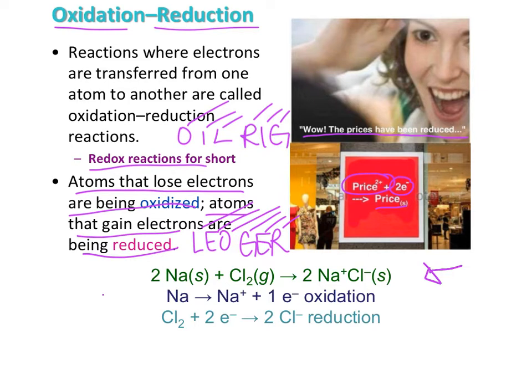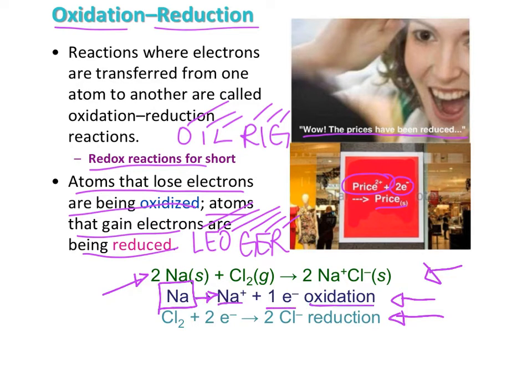So here we have a full redox reaction, and then these are something called half reactions. These half reactions show you what's actually going on. For oxidation, you start off with your element, and the arrow symbolizes that the reaction occurred, and then at the end you have the ion and the electron because it lost it.